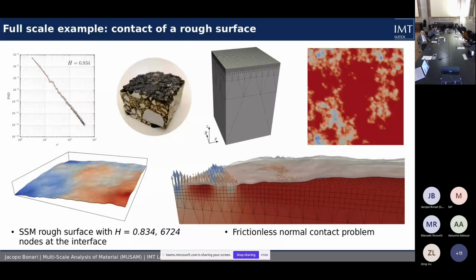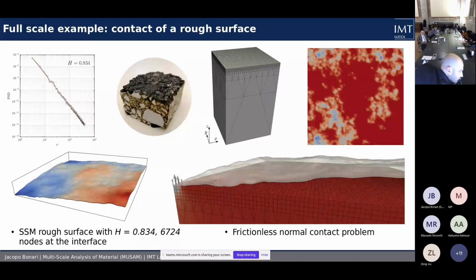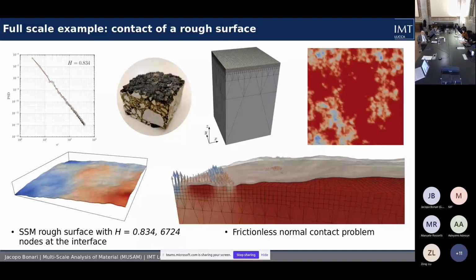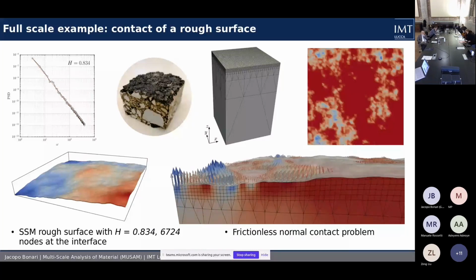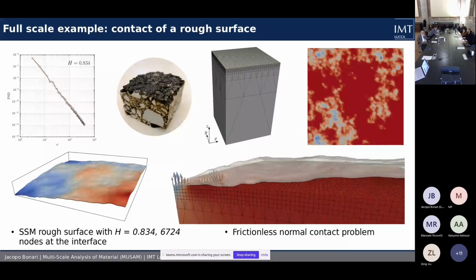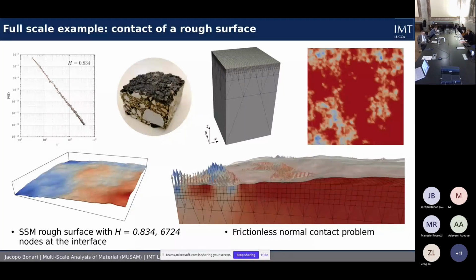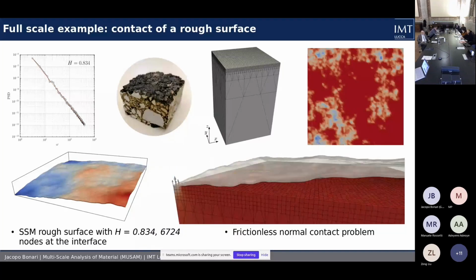You can see that by applying pressure on the surface, there is contact, which is spreading, of course, starting from the bottom points of the surface and then propagates all across the surface. And this is a rather satisfying result because so far this problem solved using the finite element method would be very difficult to address using, let's say, a standard implementation.